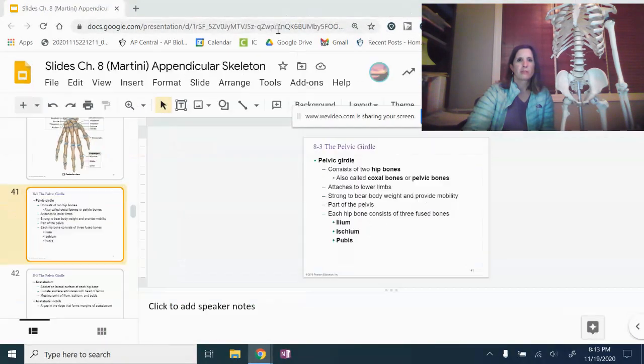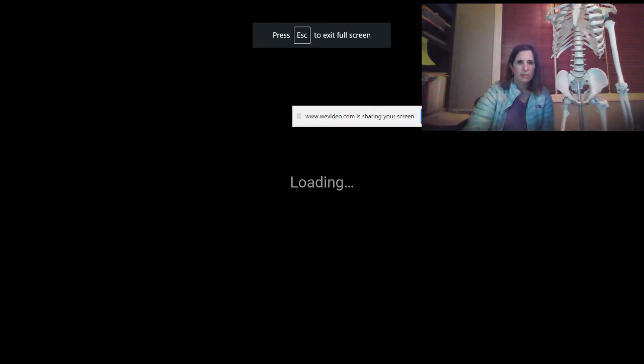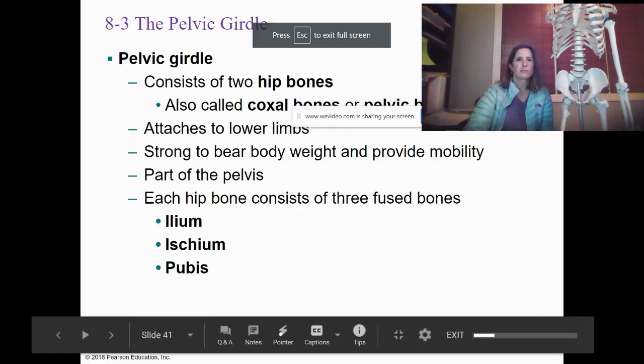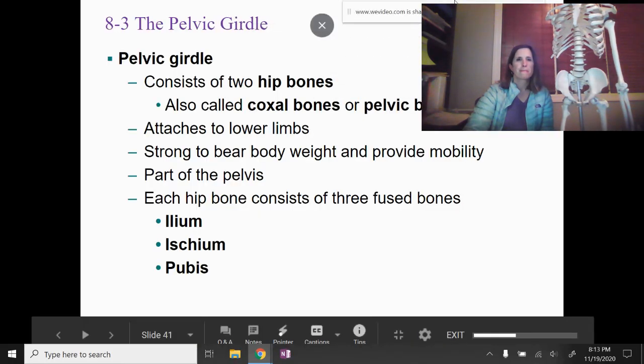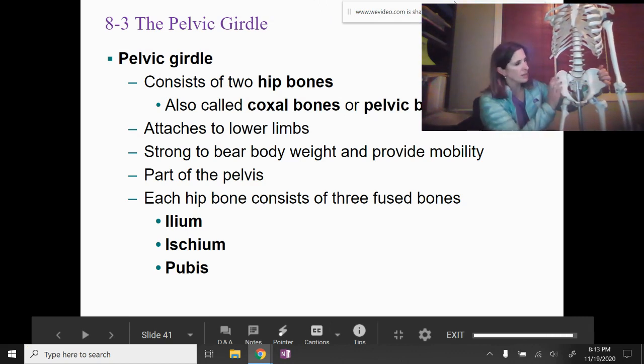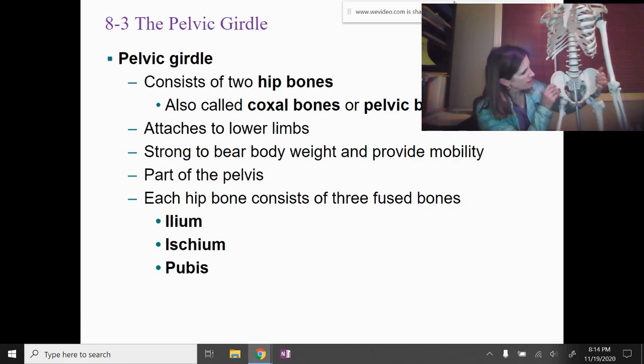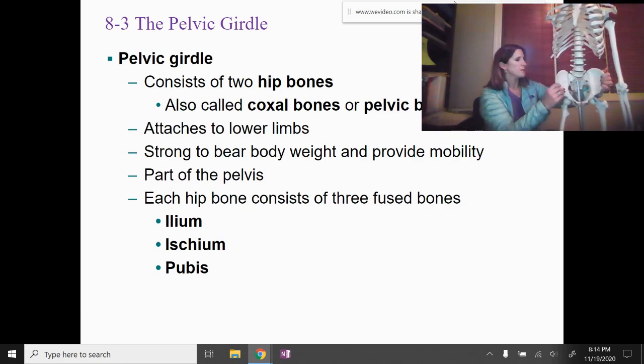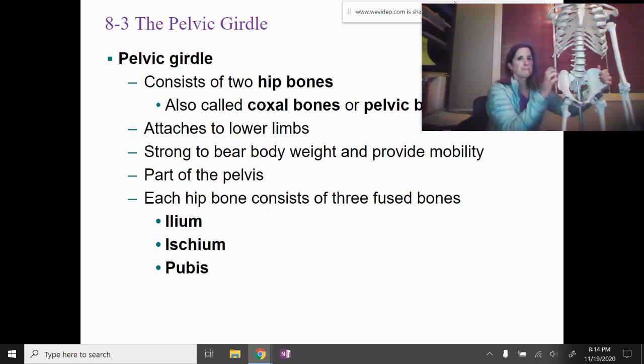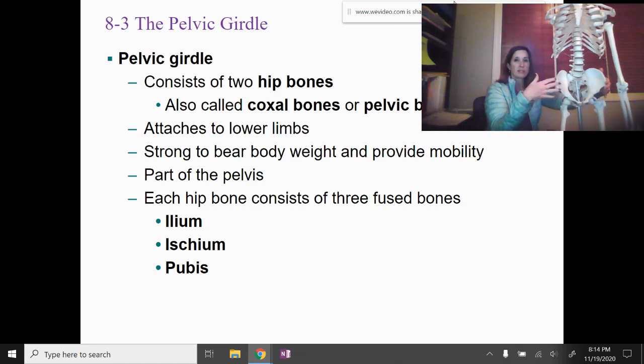What I'm going to do now is transition to the pelvic girdle. Please make sure you review. So the pelvic girdle, hopefully you can see, I could not take the skeleton apart. I could unscrew it, but it's pretty stable here. There are 2 hip bones. Remember when I said this is coxal, this area?